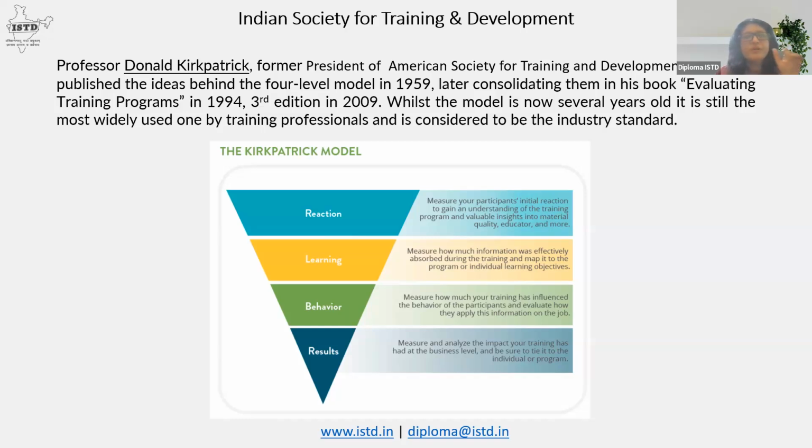We will consider all these aspects while we are designing a training feedback form, later on, not now. Then comes the learning phase. As the funnel says, not many organizations are into level 2. Again, not many organizations are doing level 3, and level 4, it's very few.